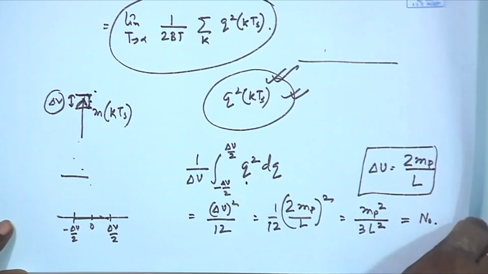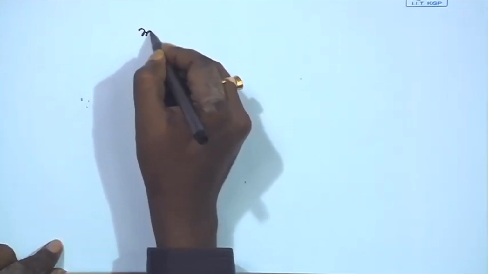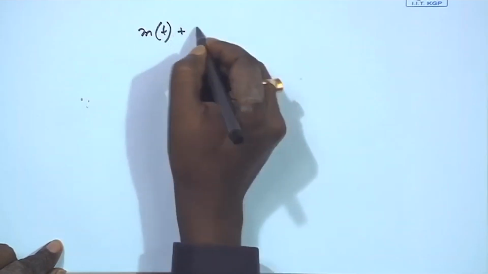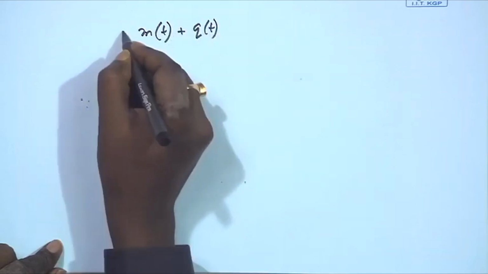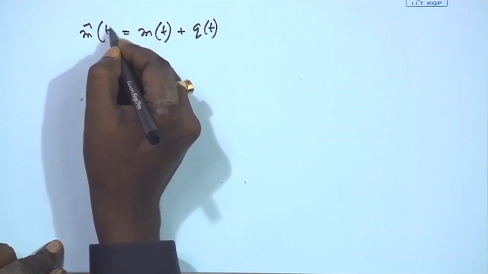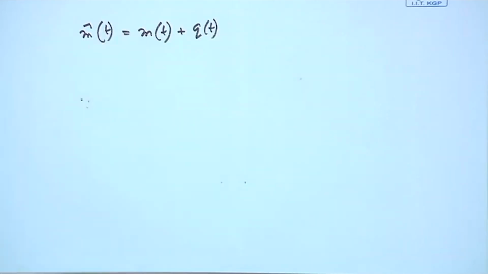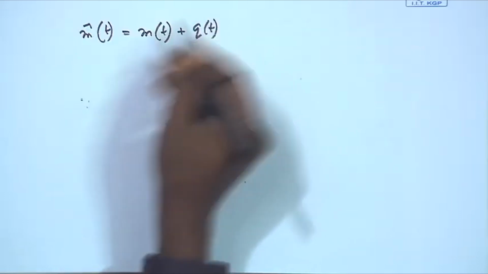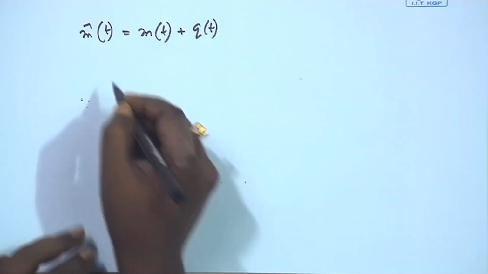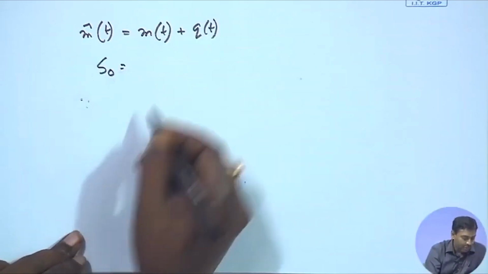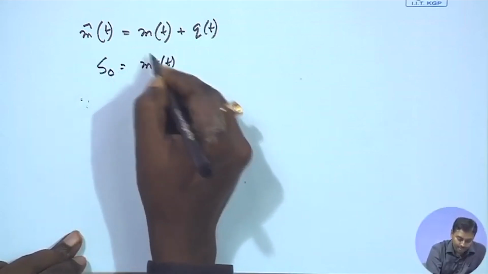Okay. So, now suppose I have transmitted a message signal m(t), along with that I have a quantization noise which is q(t), and I get this noise contaminated signal m hat, because we were actually receiving those m hat and reconstructing them only. So, we are getting this much error, this was the error signal. So, immediately what will be my S0, let us say that is the message signal's power.